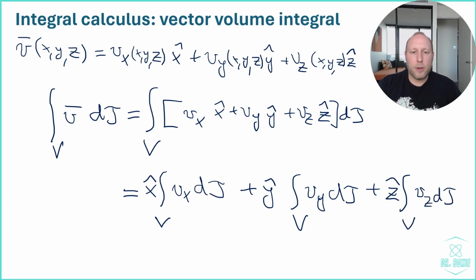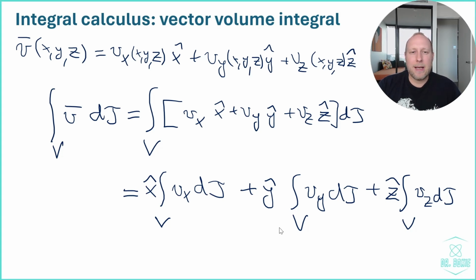Notice that each of those three integrals we are writing down here are simply volume integrals of scalar fields. So if we know how to calculate volume integrals of scalar fields, we just have to do it 3 times and we get volume integrals of vector fields.